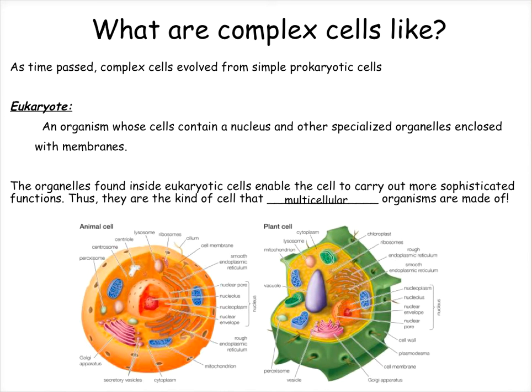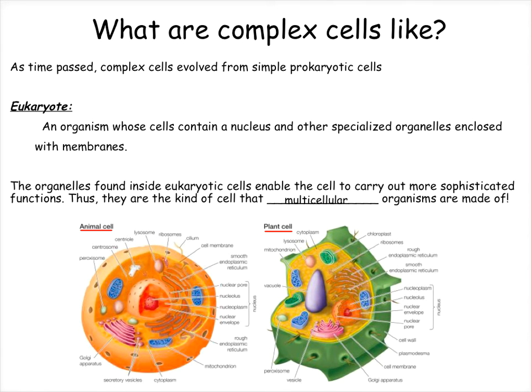Since you've likely learned about cellular organelles in the past, you probably know that the organelles found inside eukaryotic cells enable the cell to carry out more sophisticated functions. Two eukaryotic cells, a plant cell and an animal cell, are shown here.